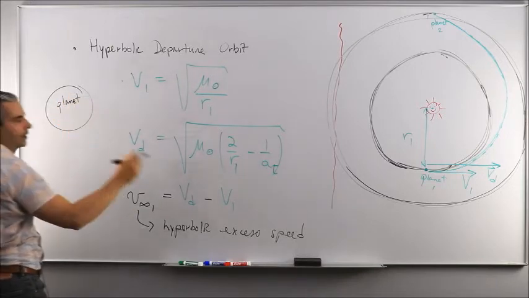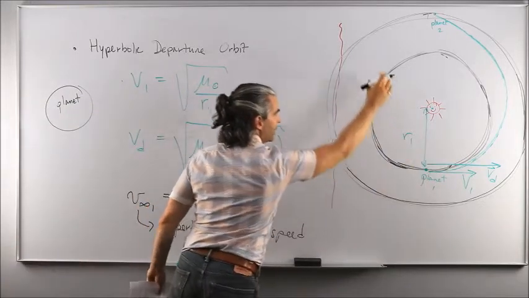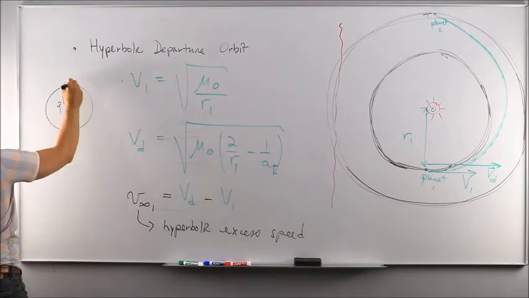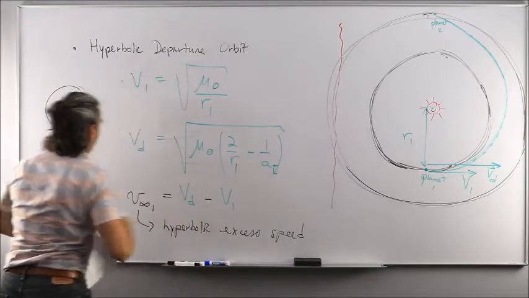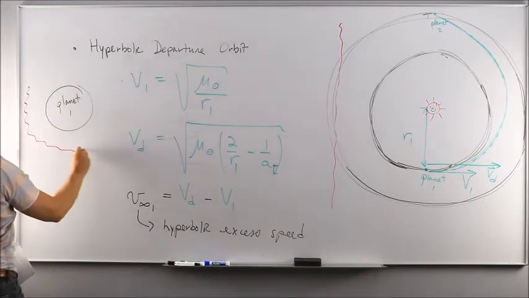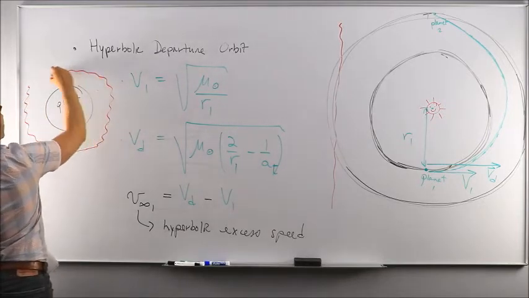So now I'm zooming in on what's happening here, and I'm forgetting about the sun, only looking at planet 1. Planet 1 has its sphere of influence quantified as r SOI.